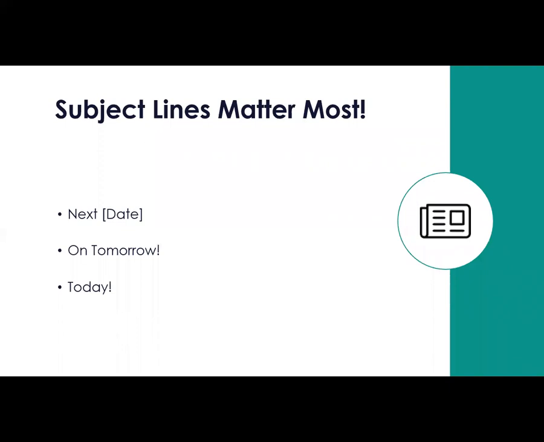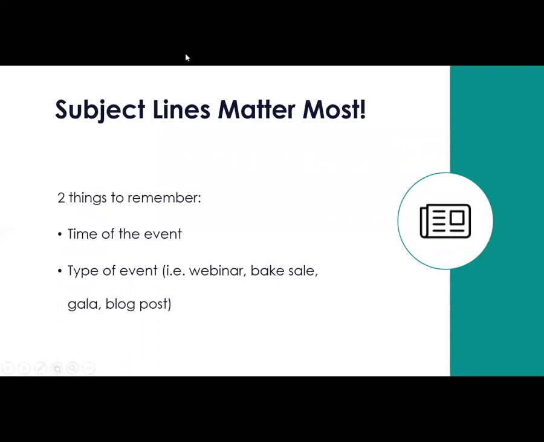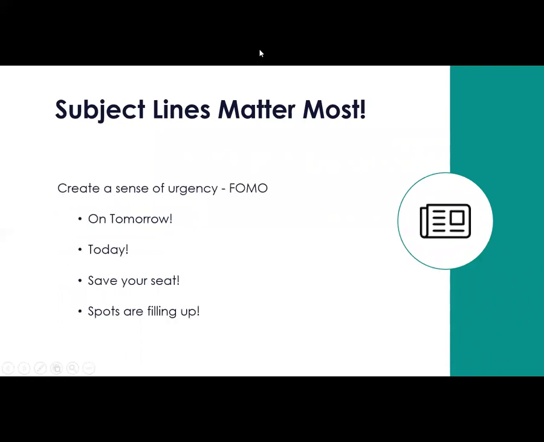And having the time of the event, and whether it's free or if it's a webinar, is also important to include in your subject line. So again, two things to remember: time of event and type of event. And then creating the urgency. FOMO stands for fear of missing out.